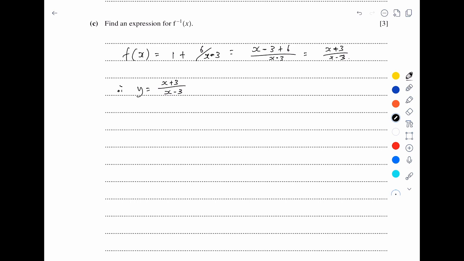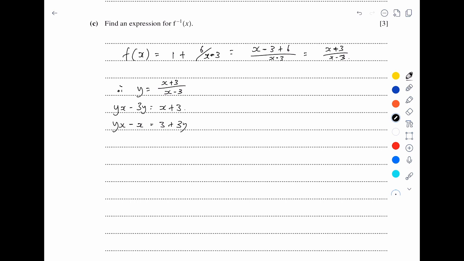To start off, let's multiply x minus 3 onto the other side. So we have y times x minus 3 is equal to x plus 3, from which we then get yx minus 3y is equal to x plus 3. So therefore yx minus x is equal to 3y plus 3 here.